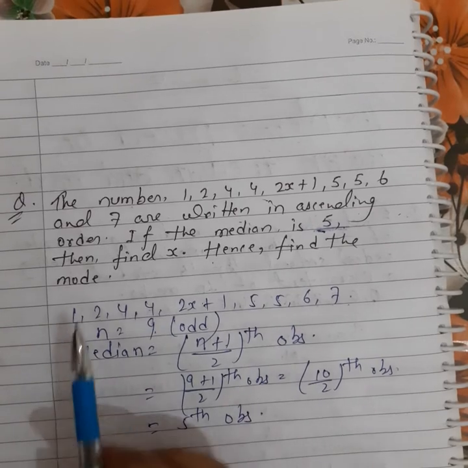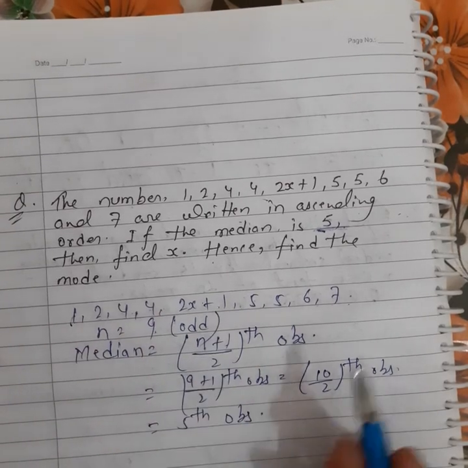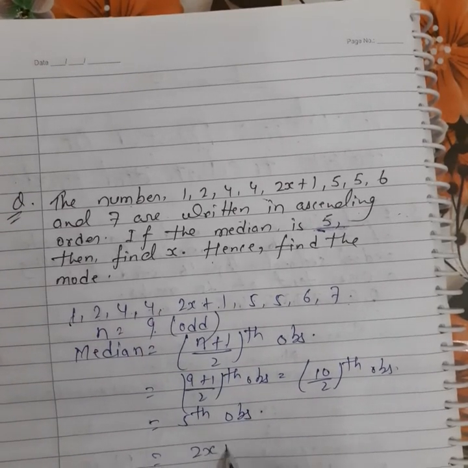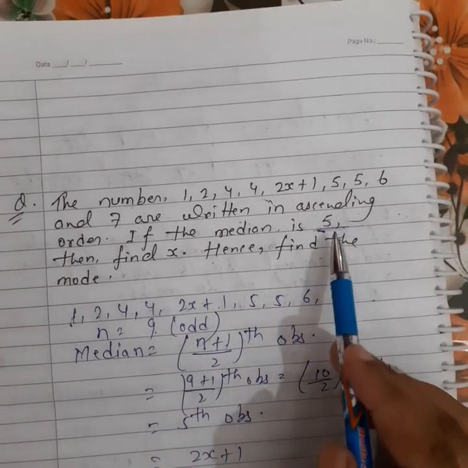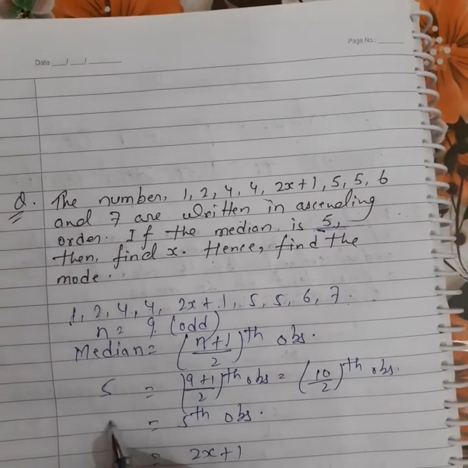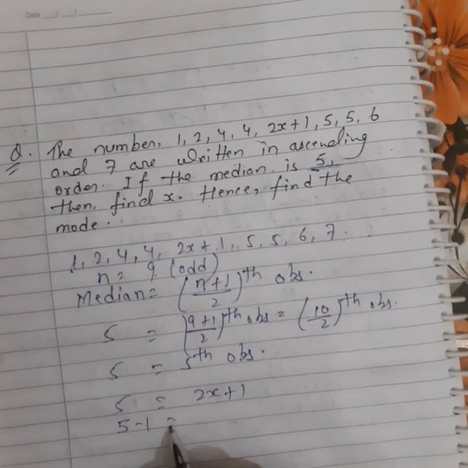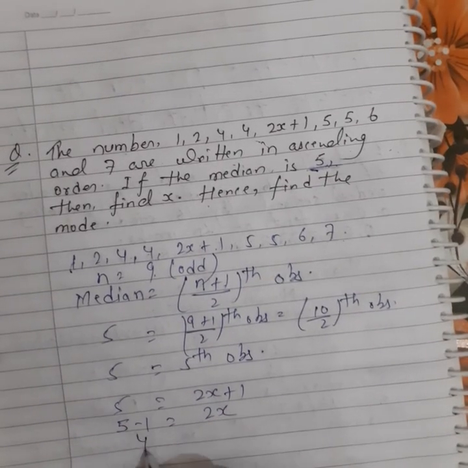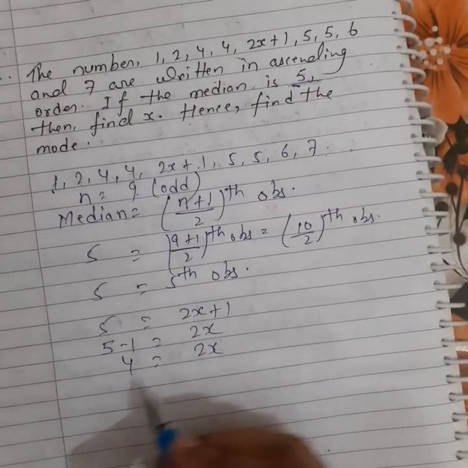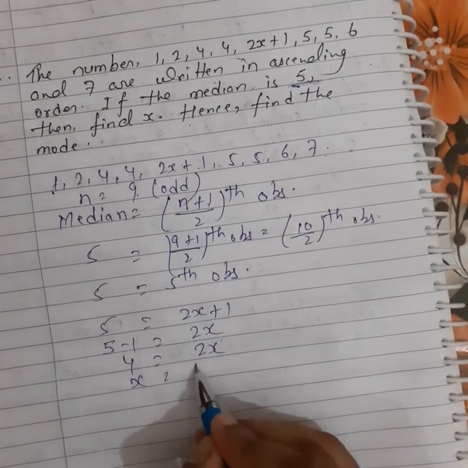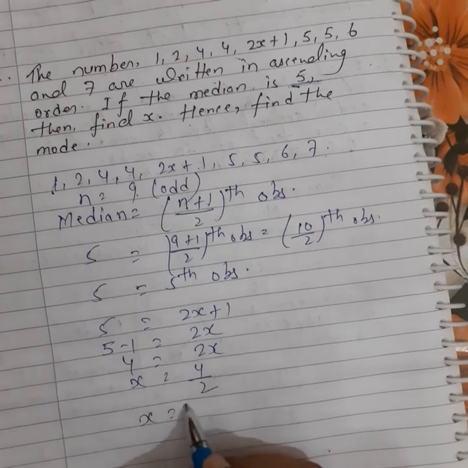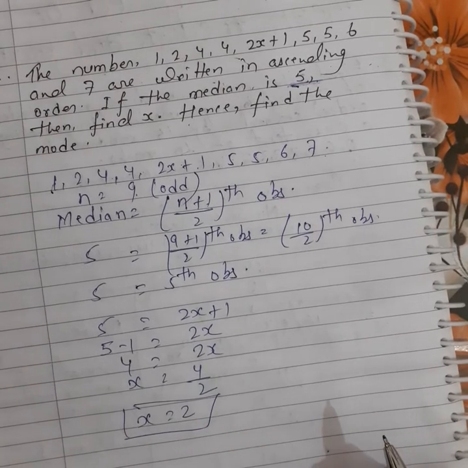Which one is the 5th? 1, 2, 3, 4, 5. The 5th observation is 2x plus 1 and the value of median is given as 5. So we can write 5 minus 1 is equal to 2x. 4 is equal to 2x and we get x is equal to 4 by 2, that is x is equal to 2.